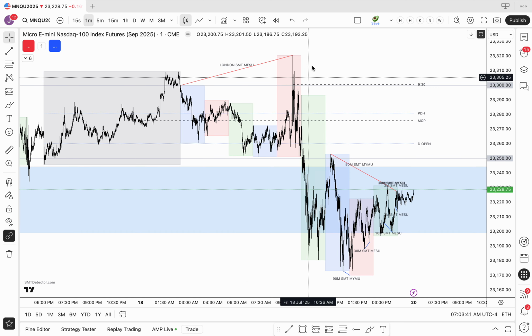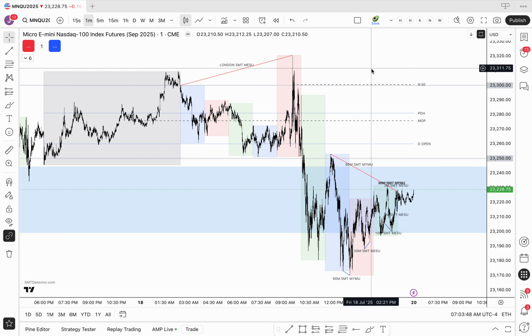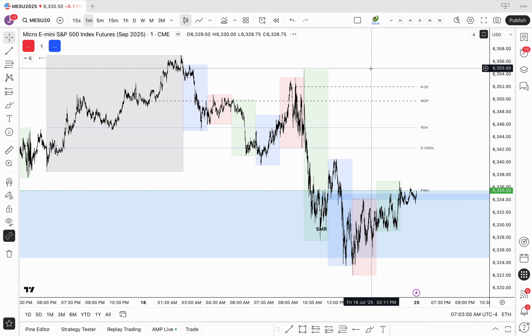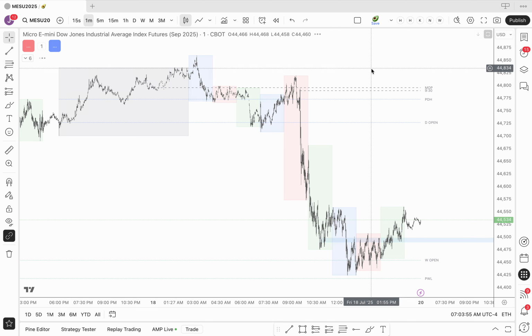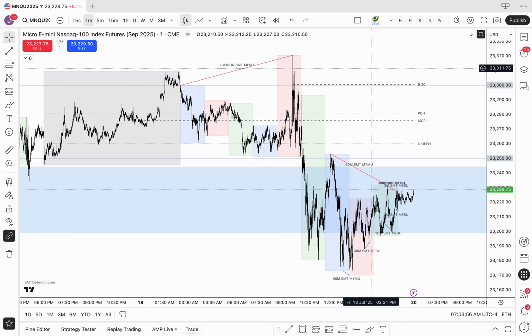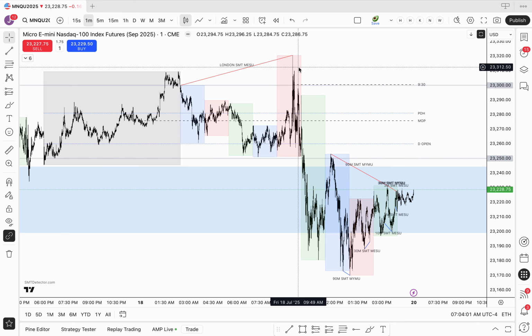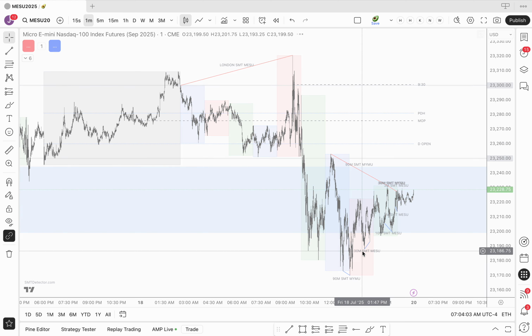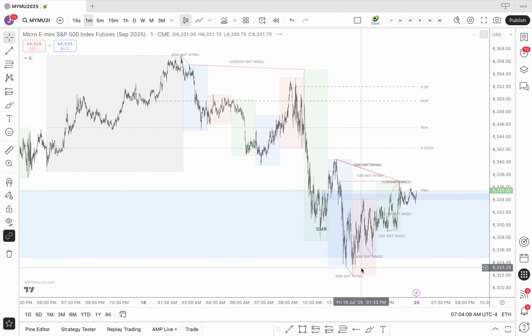So if you look at yesterday, we have NQ, ES, and YM. And what you can see is they're all relatively the same. You have Asia, 930, distribute. If we look at ES, you have Asia, 930, distribute.